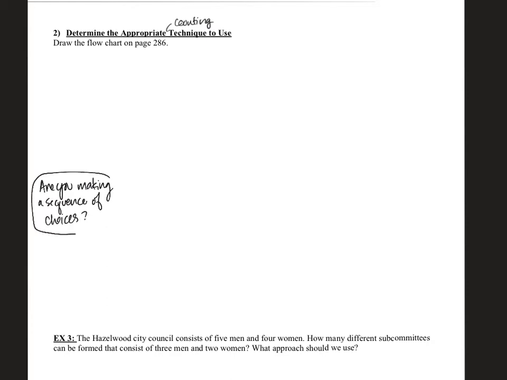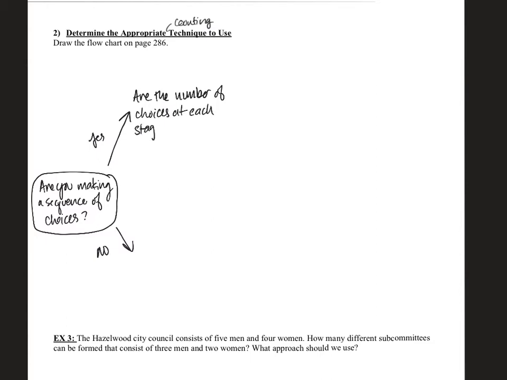Okay, that is the first question. So once again, we have the option of yes or no. If yes, are the number of choices at each stage independent of previous choices?